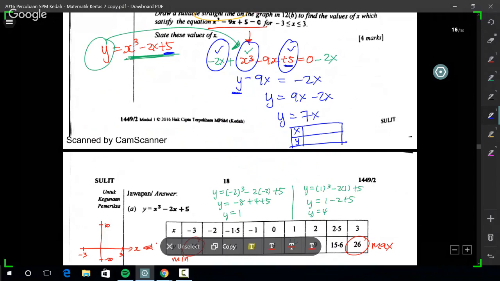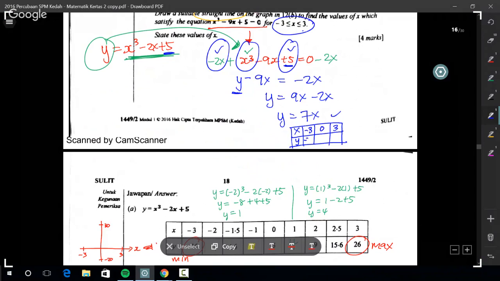Because of this range, I will put negative 3 as my first choice, 3 as my last choice, and the middle one I will put 0. I always do this. Of course, you can give any x value, but I will only use these because I cannot use 4, it's out of range already in my graph, which goes until 3 only.